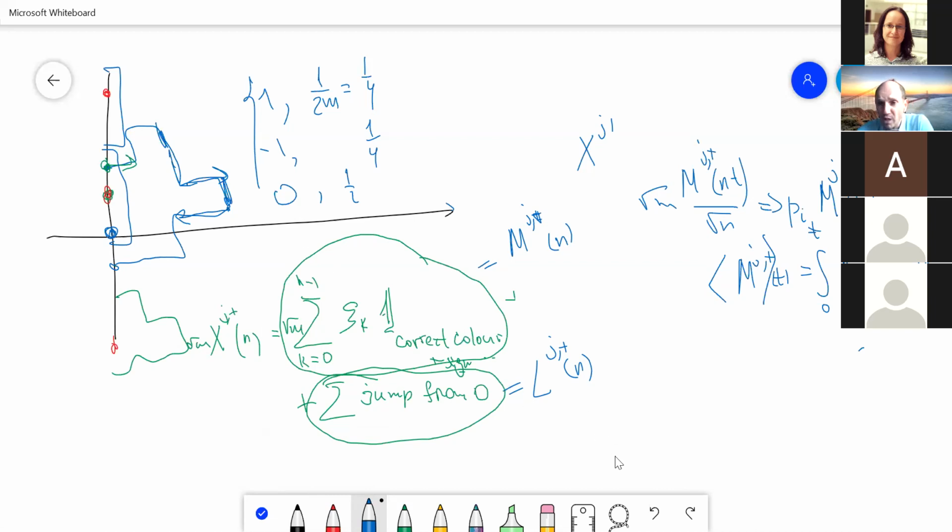So let the instant of first return be tau 1, the instant of the second return be tau 2, the third return be tau 3.